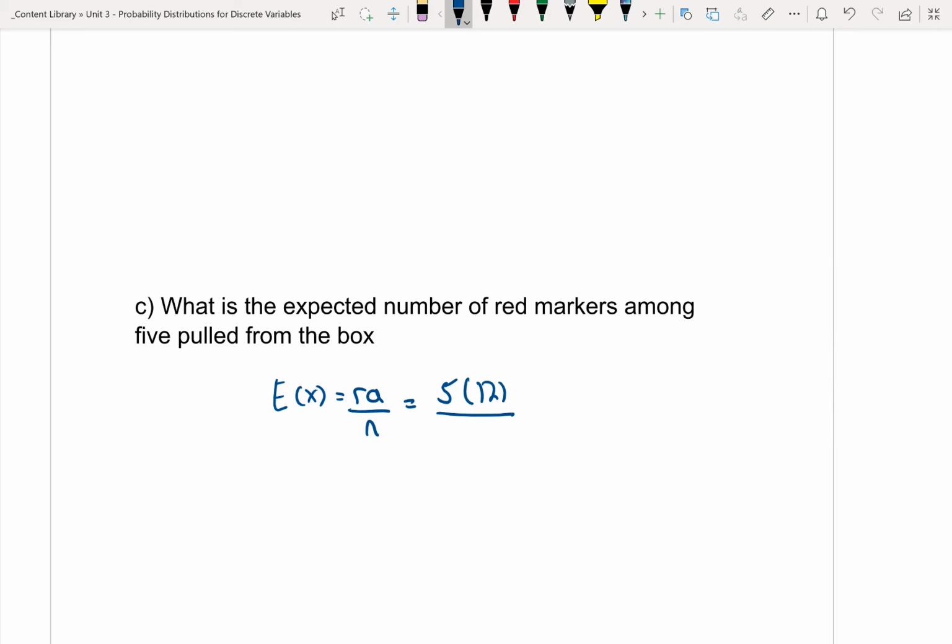Again, order doesn't matter, but I just want to make sure it lines up with our variables, divided by 42 total options, which works out to 1.42. So therefore, we expect 1 to 2 markers.